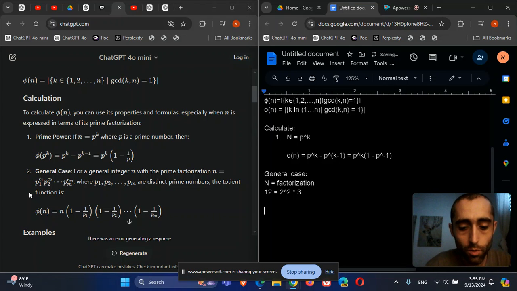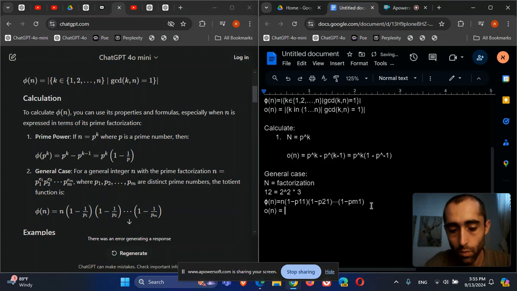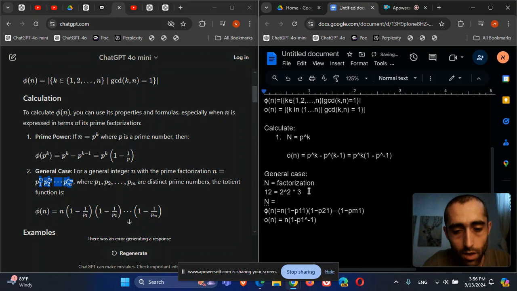So I can use this formula, which you can see right over here: phi of n equals n times 1 minus p1 to the power of minus 1, and so on. Again, this is if I can factorize n as a multiplication of prime numbers: p1 to the power of e1 times p2 to the power of e2, and so on, up to pm to the power of em.